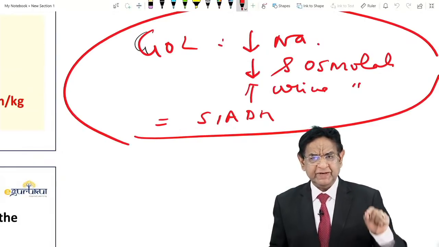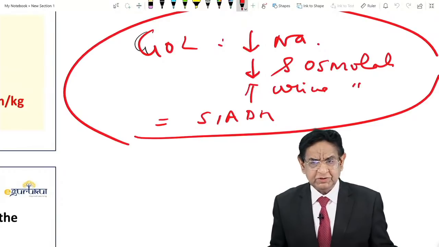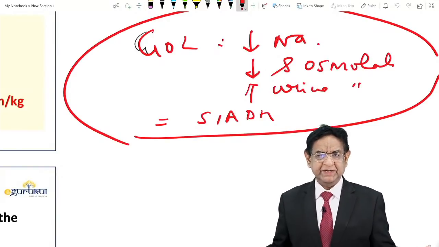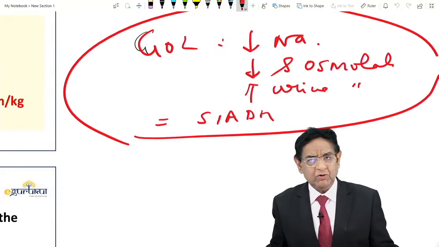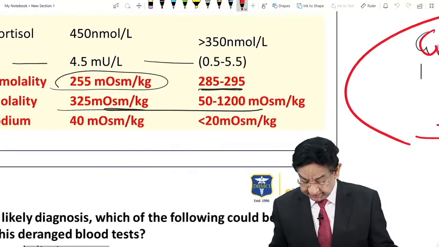The most simplified version: when you get a long question like this, look at sodium, osmolality, increased urine osmolality, it is SIADH. Very simple. Golden line to remember, but we'll talk more to make your fundas more clear.